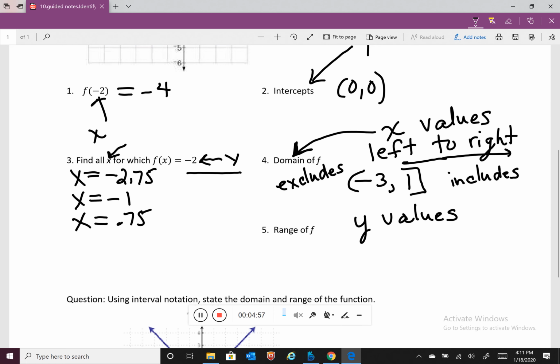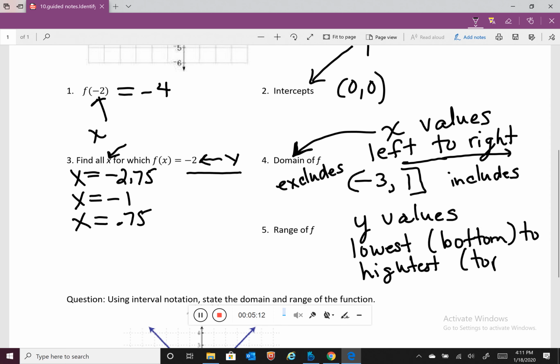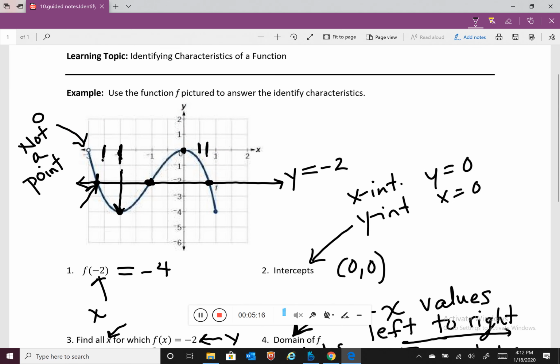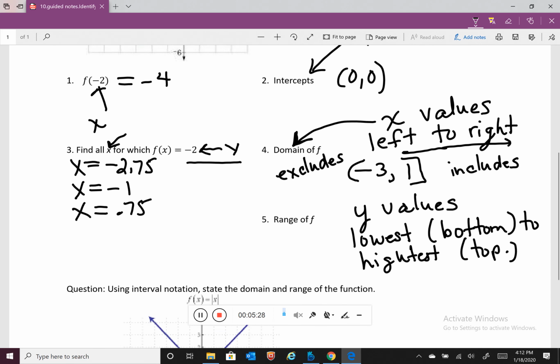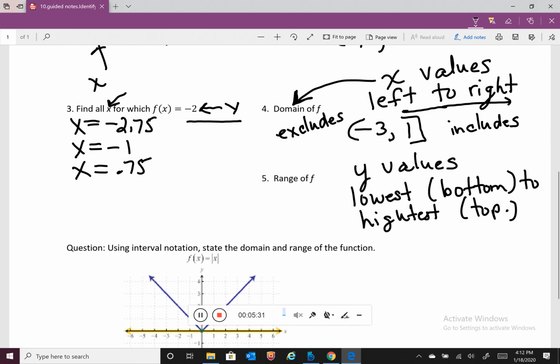And we're going to go from lowest, or bottom, to highest, or another way to think about that is top. So I'm going to slide my graph back down. This is as low as it goes. And what is that y value right there? So our lowest y value is -4, and it does include that -4.